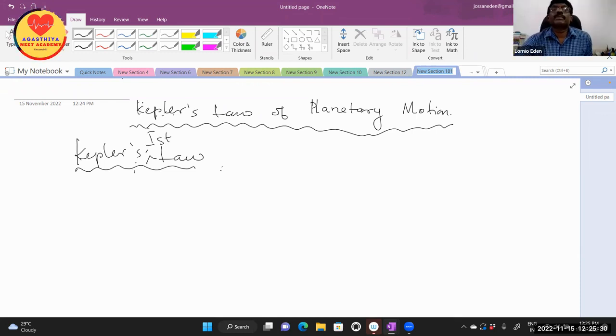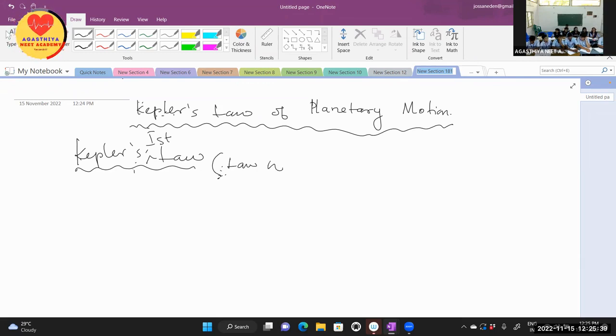Kepler's first law, all of you listen. This is the law of orbit.